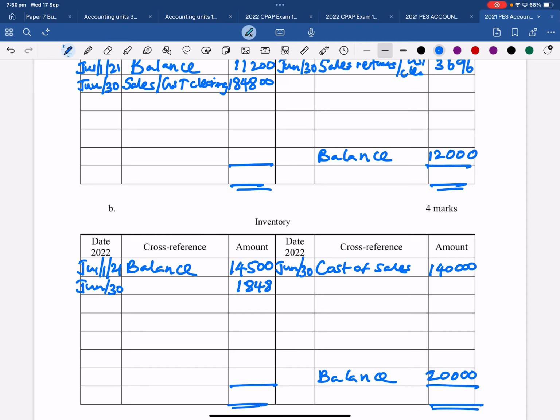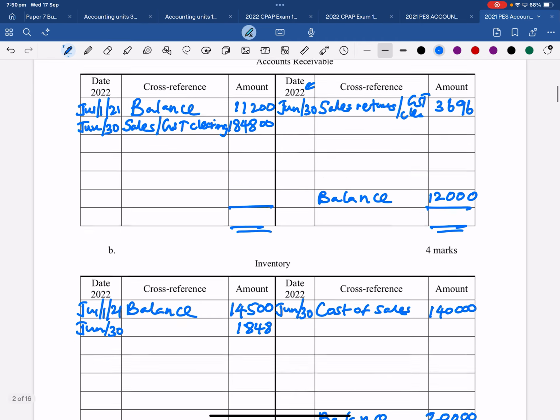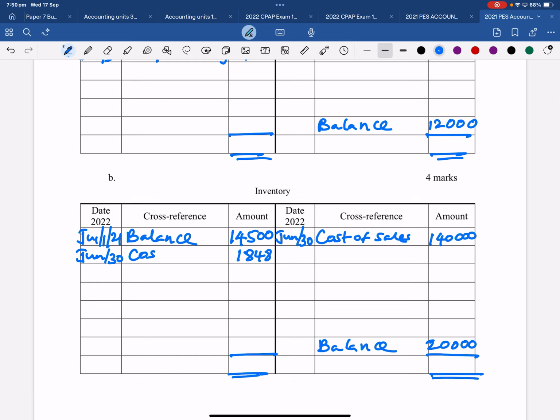No. You would do here saying accounts receivable is credited, saying sales returns. Then sales return is debited, yes? Then cost of sales, yes? Because when we sold it, we recorded the cost of sales. Now it's the opposite. Cost of sales gets credited, and inventory is debited, because we are getting back the inventory. Okay?